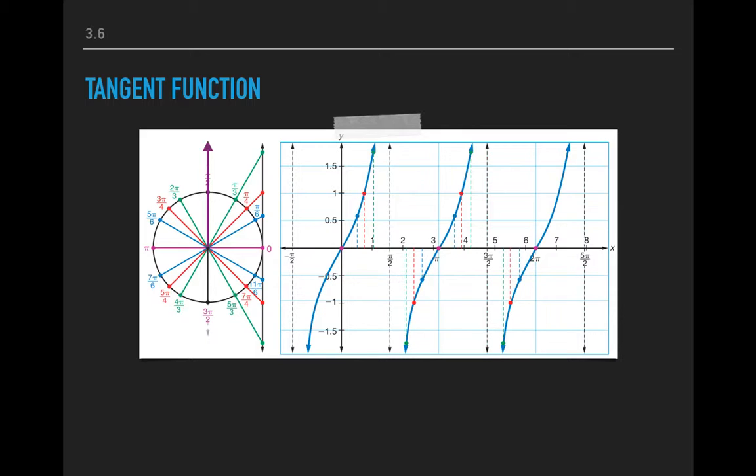Now that ray is parallel to the tangent line. They are never going to intersect. They're parallel. That means there's never going to be, in the graph of the tangent function, a point there. You're never going to touch a y value for pi/2, for 90 degrees.